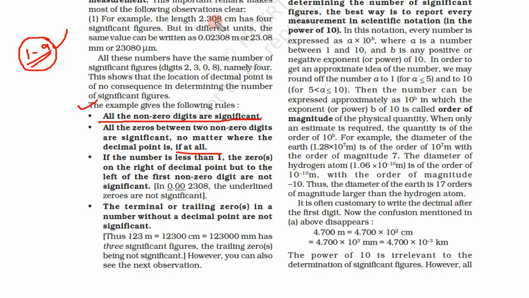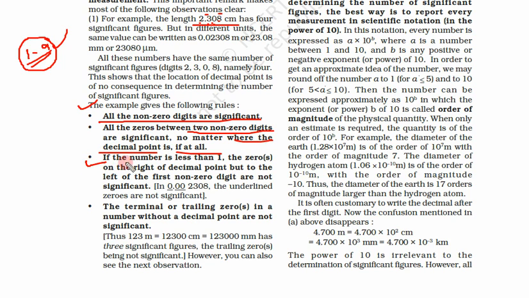Here the 0 is between two non-zero digits, so it is significant. That's why we said 1, 2, 3 and 4 significant figures, and it does not matter where the decimal point is.